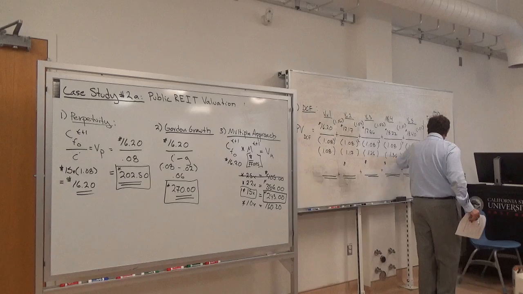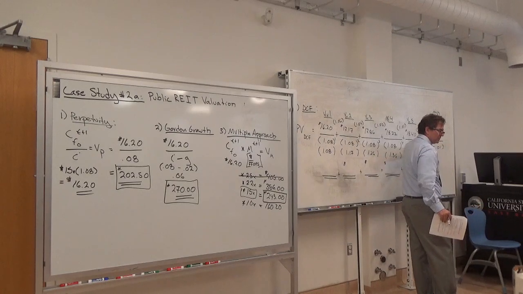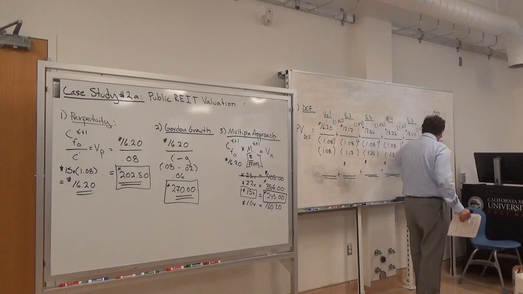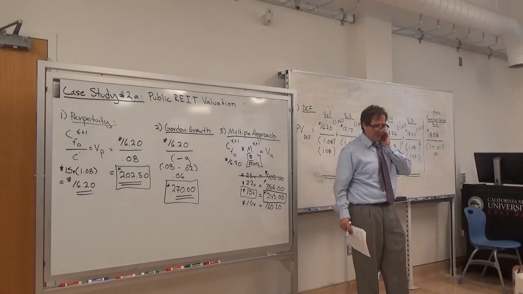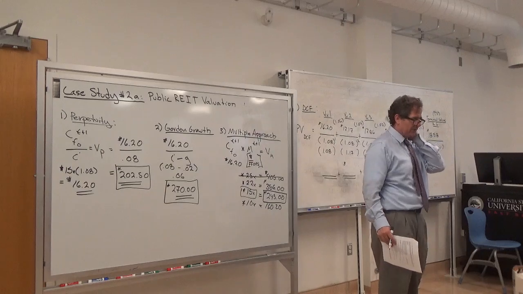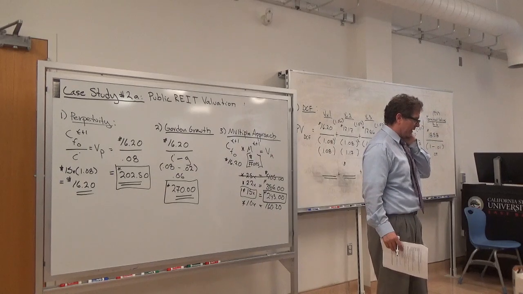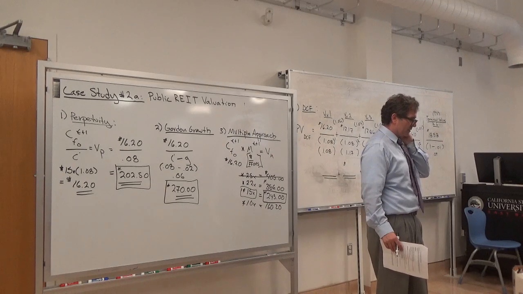Okay, test question. Why would we use a higher discount rate for the terminal value calculation than the going-in discount rate? Why am I using a higher discount rate or a higher expected return? What would be the logic?